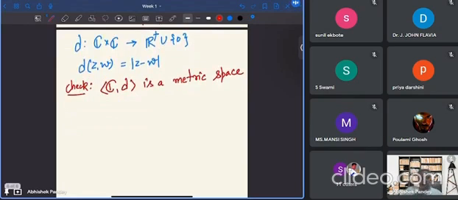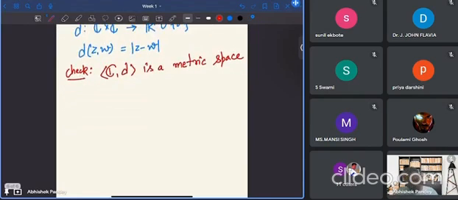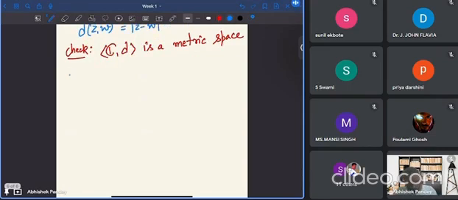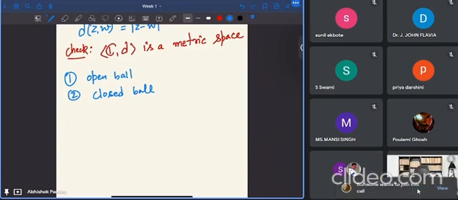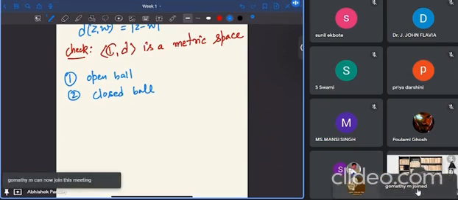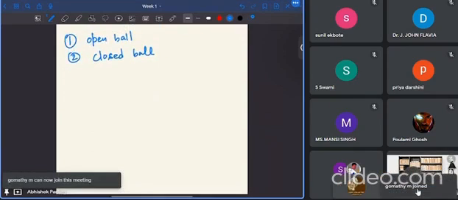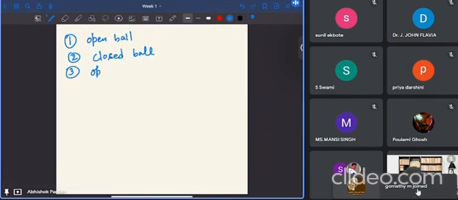After defining the metric, we study concepts like the open ball and the closed ball. I am just recalling what is there in the week 1 content. You can go through the books, lecture notes and lecture videos. Now we define the open set: for each point there exists a ball contained in that set, that is, every point is an interior point.